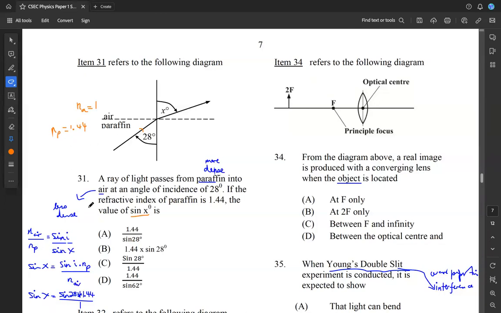Medium 1. So let's write it this way. This is our medium 2, because that's where we're going, and medium 1 is where we're coming from.